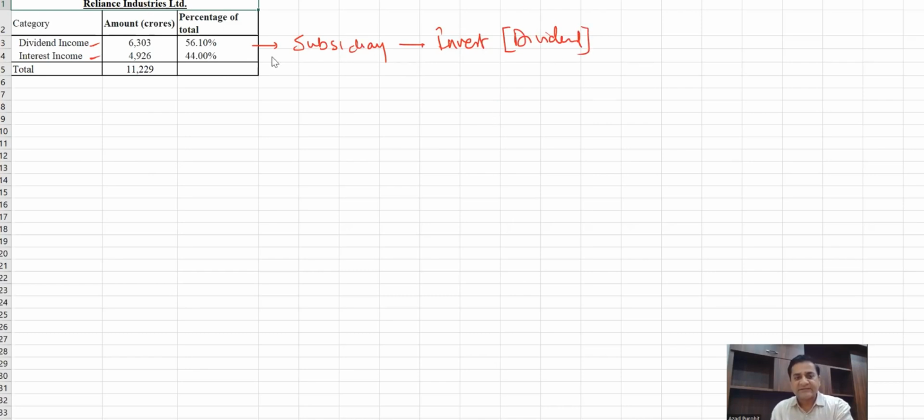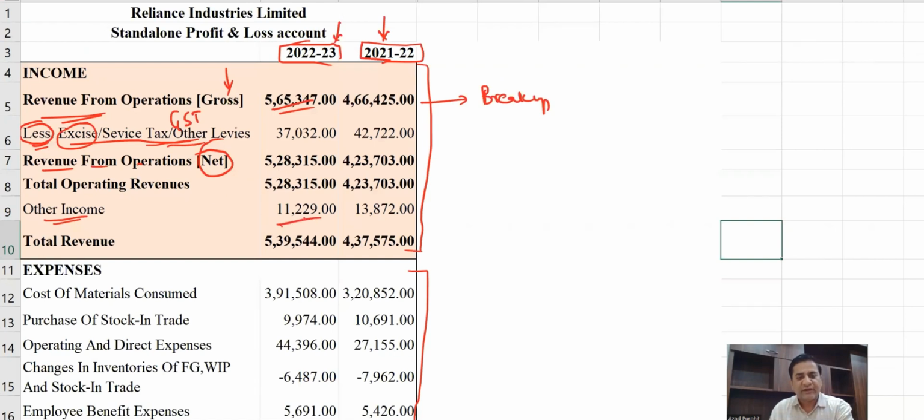Similarly, Reliance Industries has some investments in some companies, and also some investments by way of bank deposits or bank balances on which it gets interest income also. Now you need to understand that this amount of 11,229 crores has been shown separately just to find out what my income from regular operating activities is and what my investment or other income is in case of Reliance Industries.